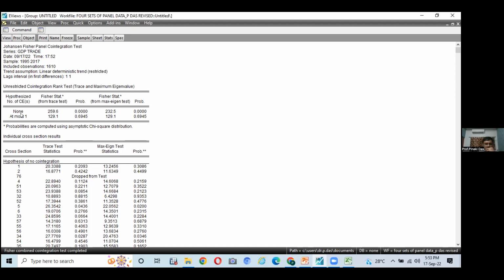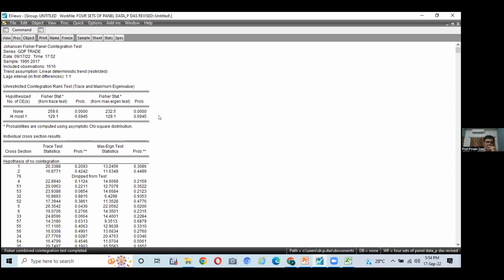Under the none, the Fisher statistic for the trace test has a value of 259, and its probability is 0.000. That is statistically significant, so the null hypothesis is rejected. Whereas for the maximum eigen test, the value is 232.5, a very high value, and the level of significance is 0.000.